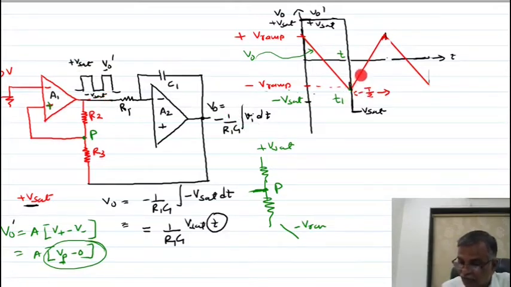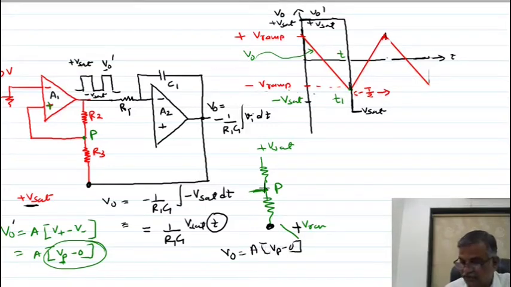So a positive ramp voltage is coming at this point. So the potential at this point changes. So when this is positive, I should write my VO is nothing but the gain, Vp minus 0.